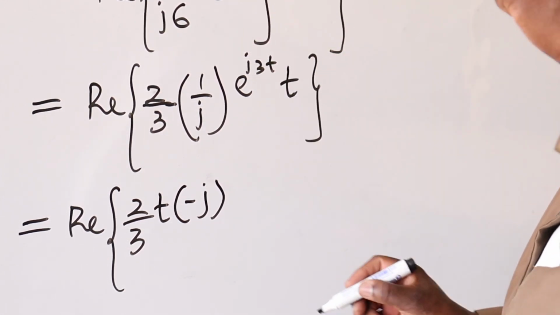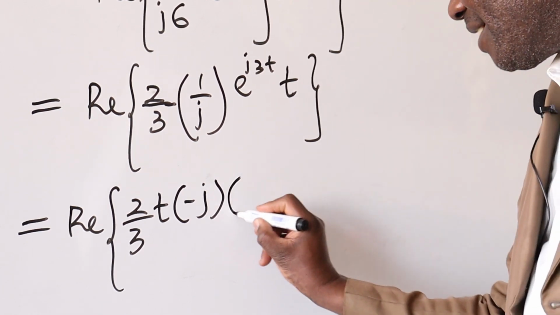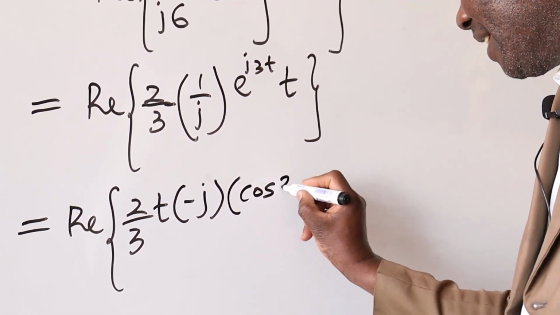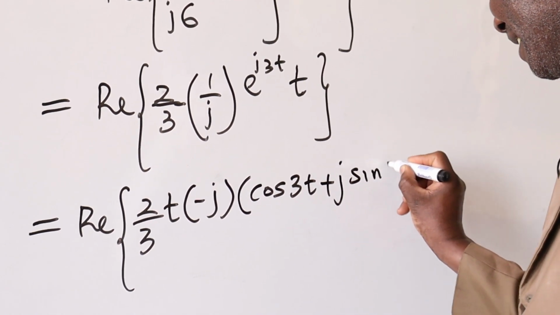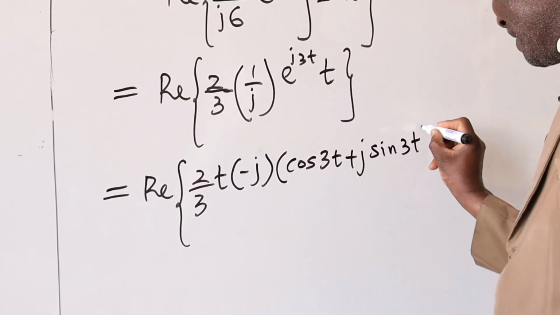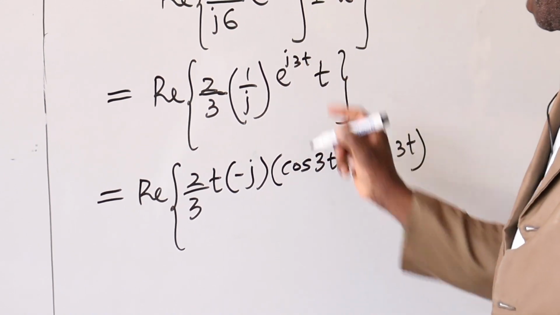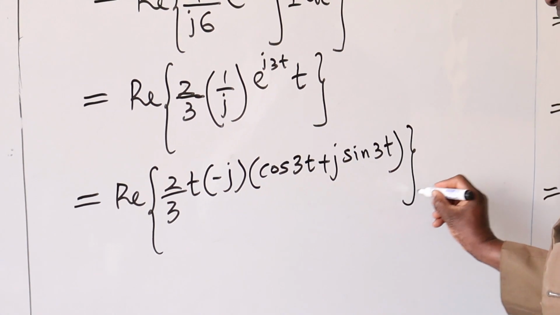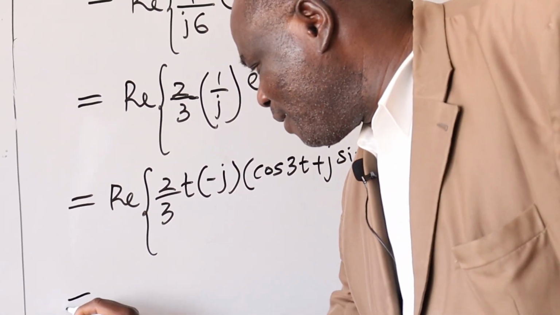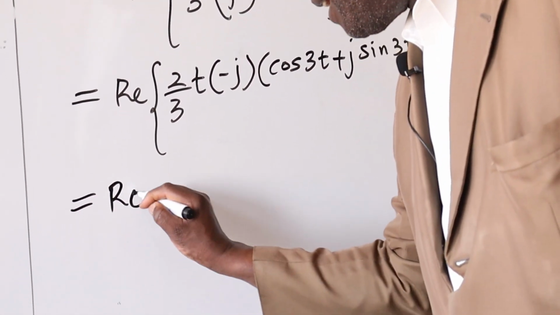Exponential j3t in full, from Euler's formula, is cos 3t plus j sine 3t. That is the exponential j3t. This t we have included, so we close our bracket. This one will be equal to the real part of.